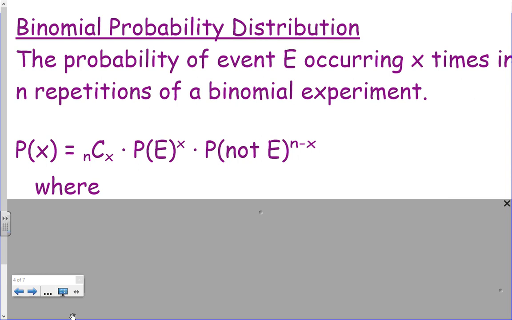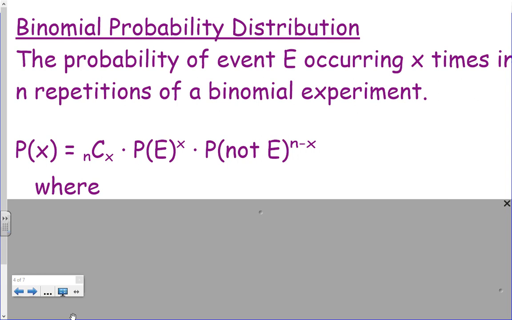Here's the formula. P of X, the probability of 2 heads, is equal to N choose X, ours was 5 choose 2, times P of E raised to the X power, the probability of getting heads was 0.4, raised to the 2nd power because we wanted 2 heads, times the probability of not that event.